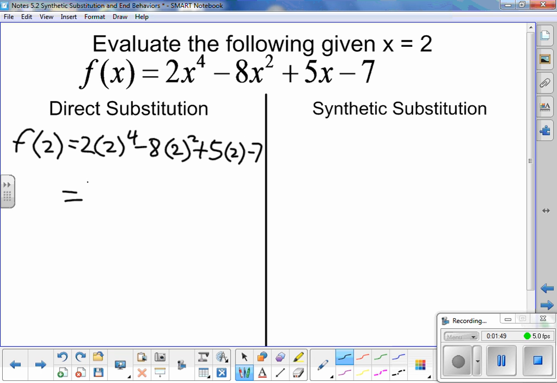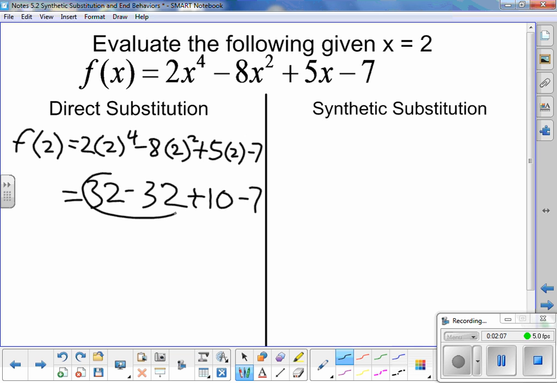So this first one is 32. Next one is 2 times 2, which is 4, times 8, that's 32, so minus 32. Then you have 5 times 2, which is 10, minus 7.